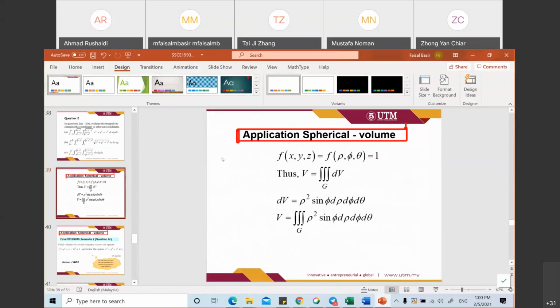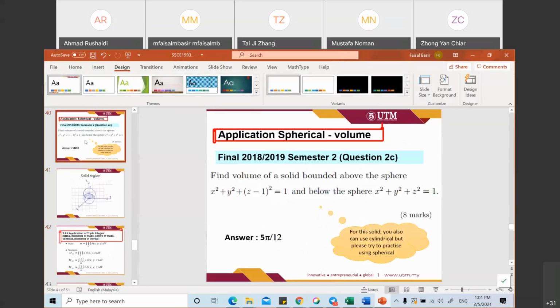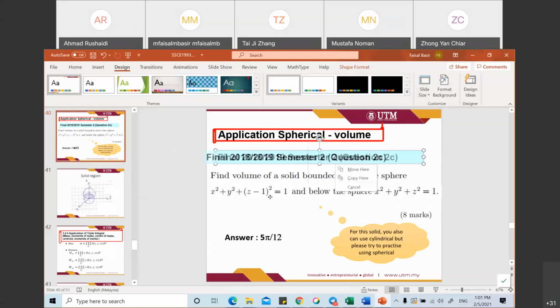So for application, we have the same thing: triple integral of 1 dV as a volume, also for Cartesian, but the dV is rho squared sine phi d rho d phi d theta. If you see some application here, this is a sphere which is moved to 0, 1, 1, and then this is another sphere which has radius 1.